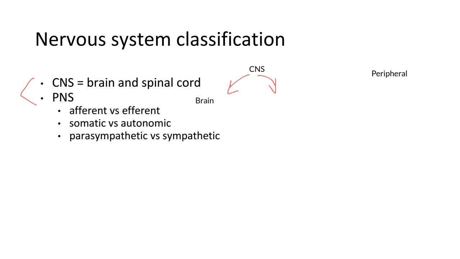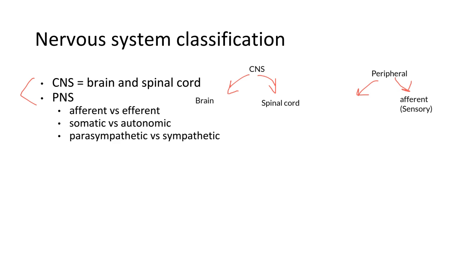Our peripheral nervous system is broken up a lot more. So our peripheral nervous system is first divided into afferent versus efferent portions. Okay? And so our afferent portions, these are sensory neurons. So these are bringing information in.